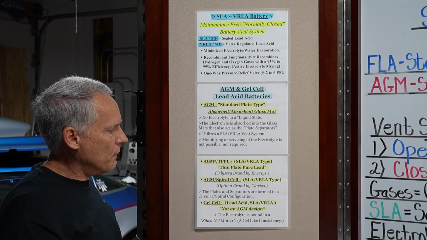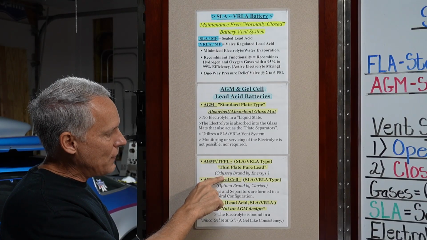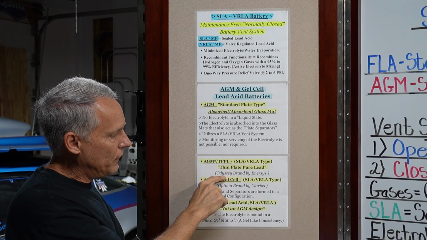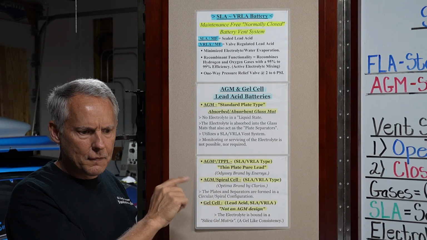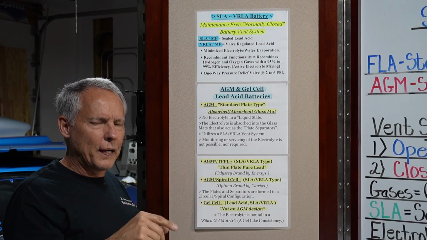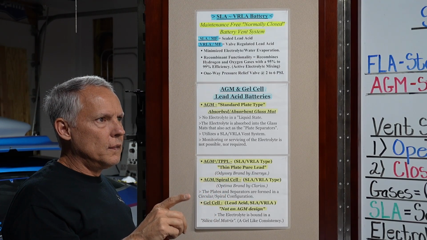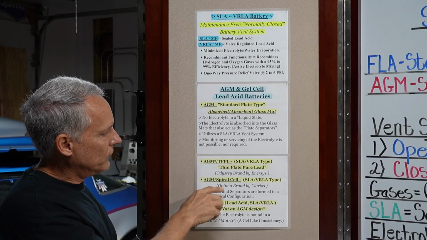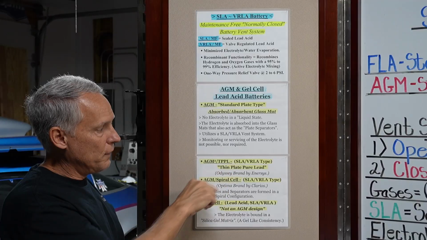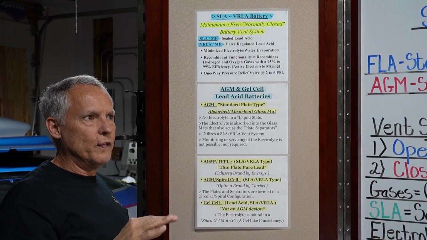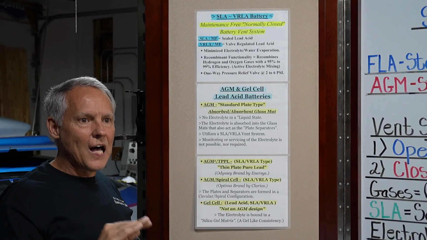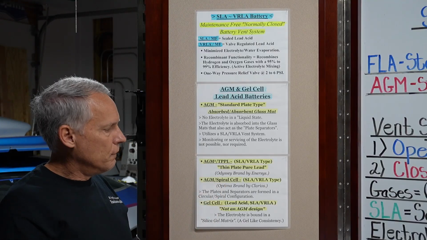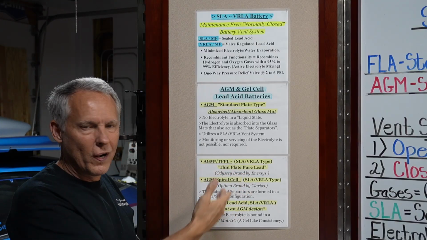That being said, Optima is now making a thin plate pure lead battery also. I have to look that up real quick, but I can't remember what they call that now. Power something. It'll come to me in a minute. Anyways, Optima is making a thin plate pure lead battery, and I do believe Interstate Batteries has a line of thin plate pure lead batteries also. So it's not just the Odyssey brand, the one that's made by EnerSys.